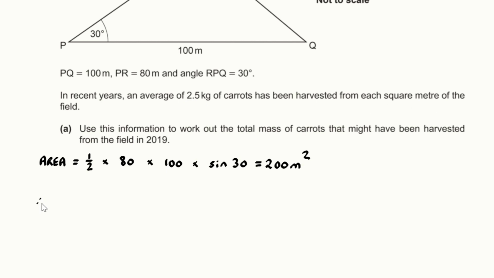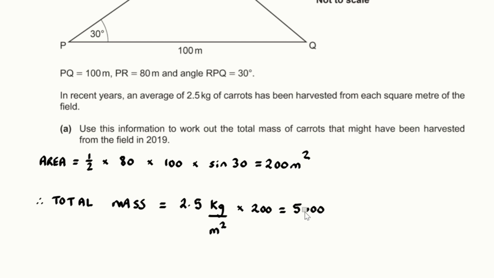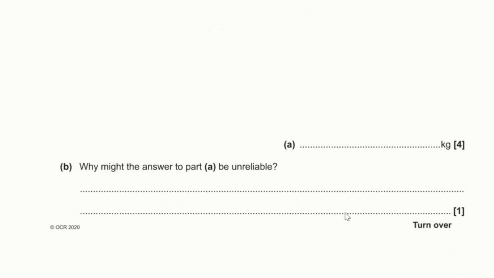So therefore, the total mass is 2.5 kilograms per square meter multiplied by 200. So we end up with 5,000 kilograms.